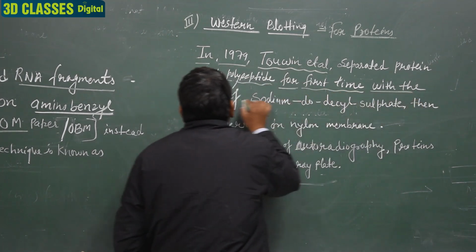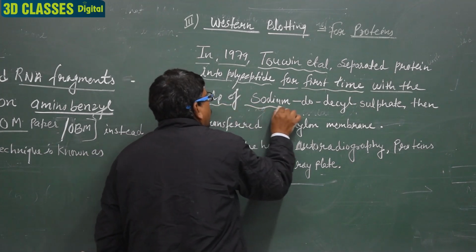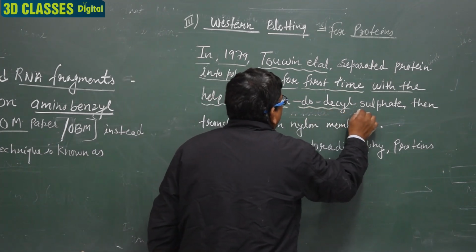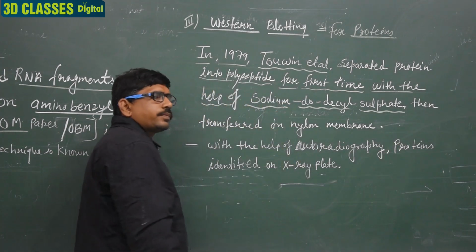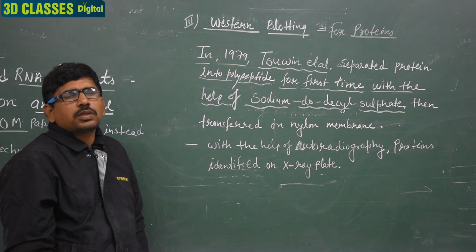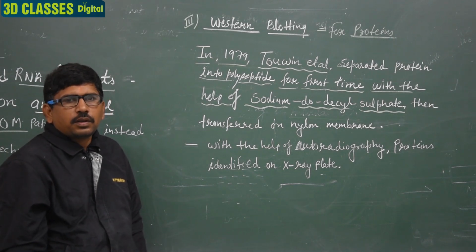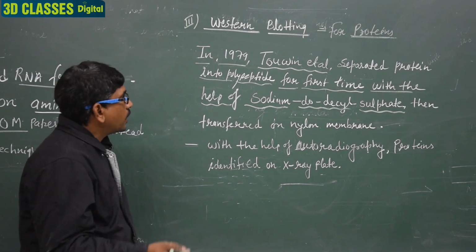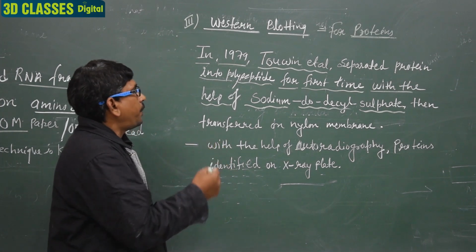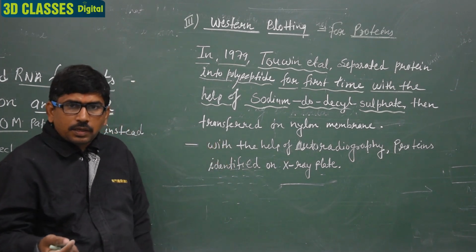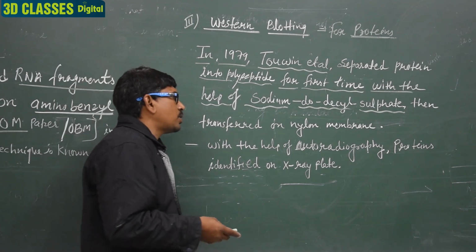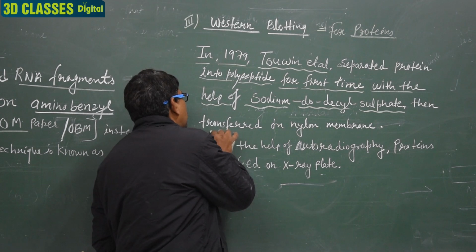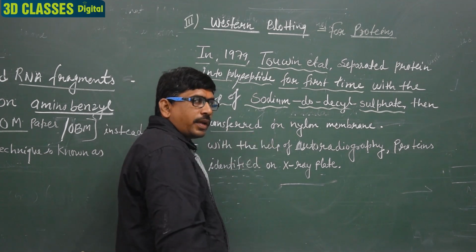with the help of sodium dodecyl sulfate. It is very important: sodium dodecyl sulfate. Proteins are made of polypeptide chains, and they separated the polypeptide chains with the help of sodium dodecyl sulfate, and then transferred them to a nylon membrane.